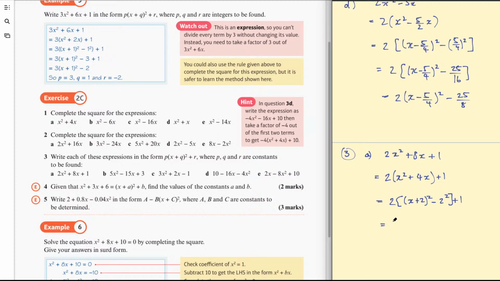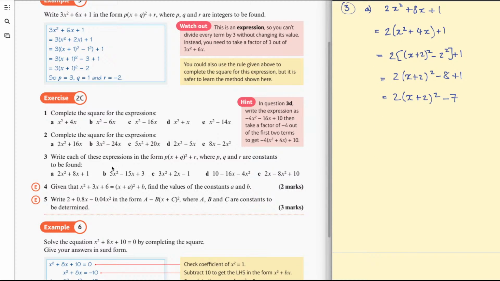Then expand the 2 out. We have 2 times x plus 2 all squared. 2 squared is 4, so 2 multiplied by negative 4 is negative 8 plus 1, and then simplify further, we get 2 multiplied by x plus 2 all squared. Negative 8 plus 1 is negative 7.